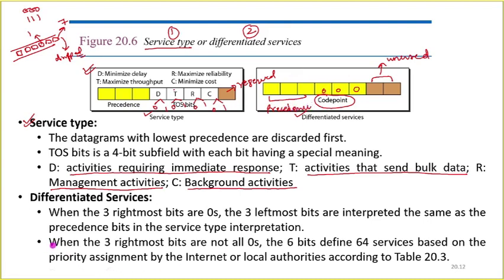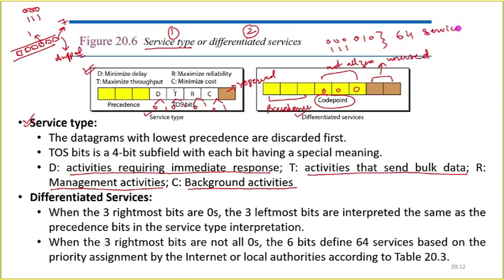The next case is when the 3 rightmost bits are not all zeros, meaning any one is non-zero. In that case, the 6 bits define 64 services. 6 bits can have 64 combinations, so these 64 combinations will be indicating 64 services.